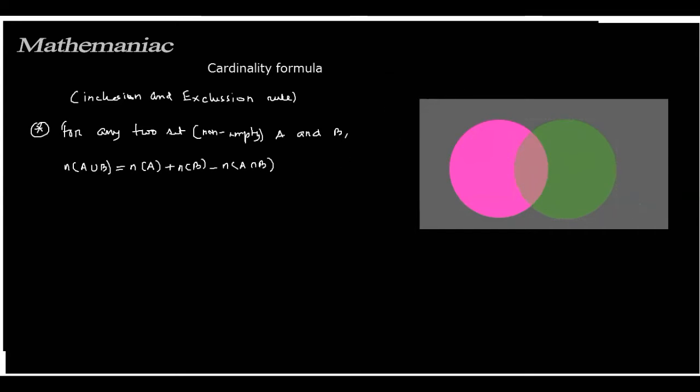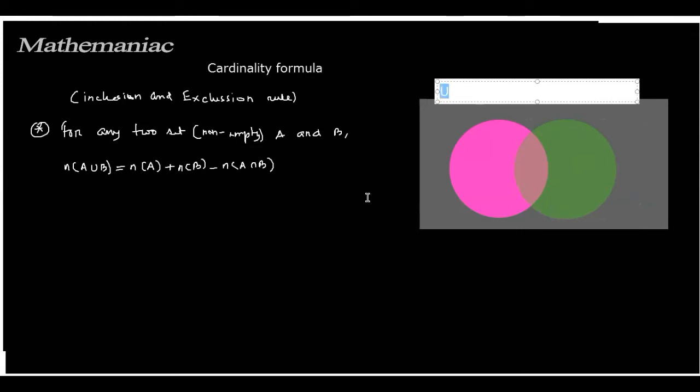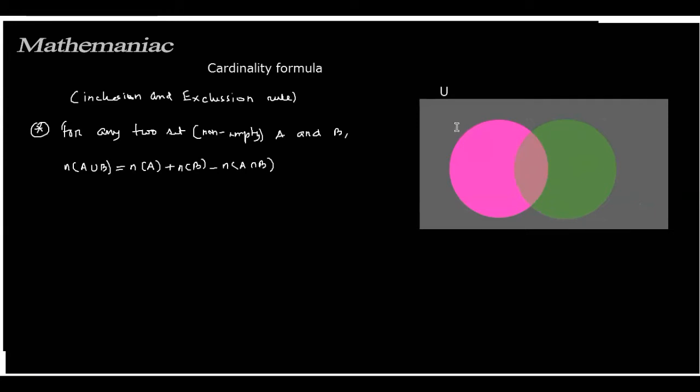So I think you have written it, right? Now I'm going to name these sets. As you already know, we always have to talk about the universal set. This is the universal set, right? And then we have to discuss the other sets. This is the set A, this is the set B.